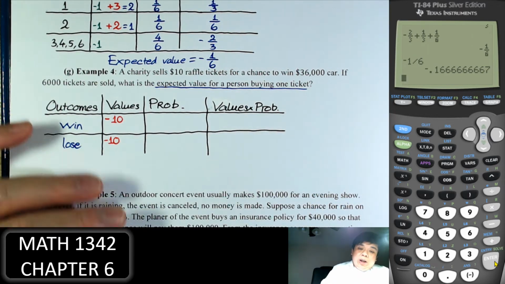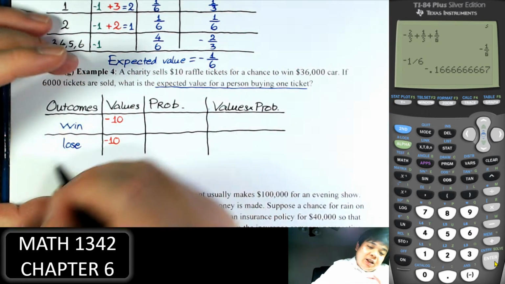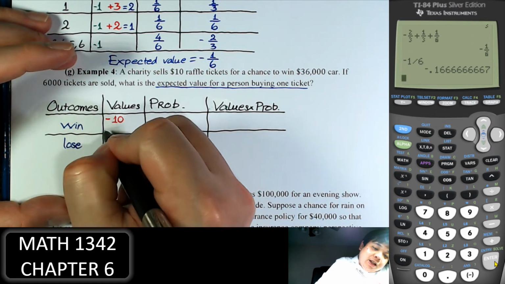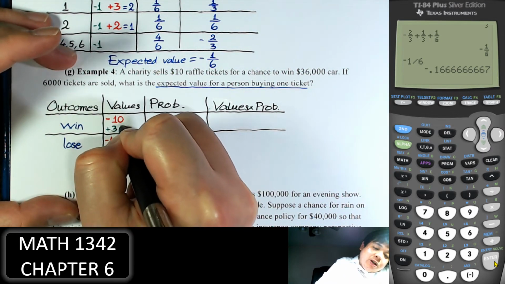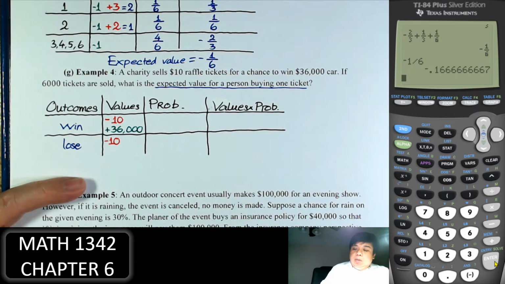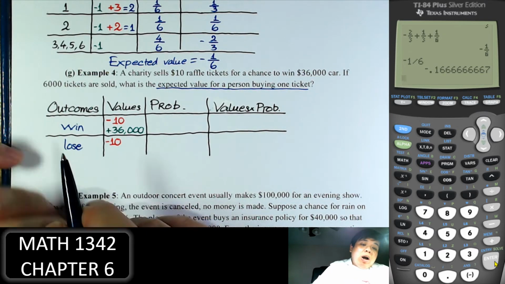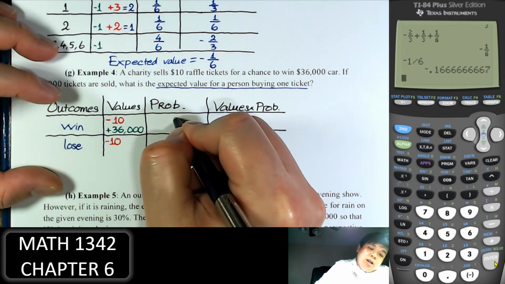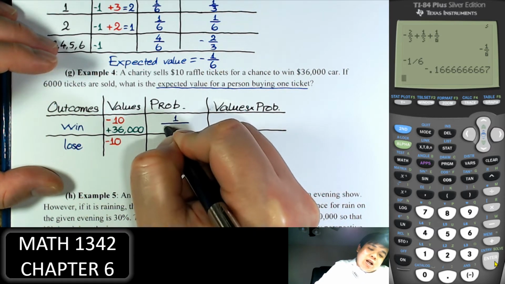But when we win, we get the $36,000 value of the car. And for the probability, there is only one winning ticket out of 6,000. So the chance of winning is 1 over 6,000.